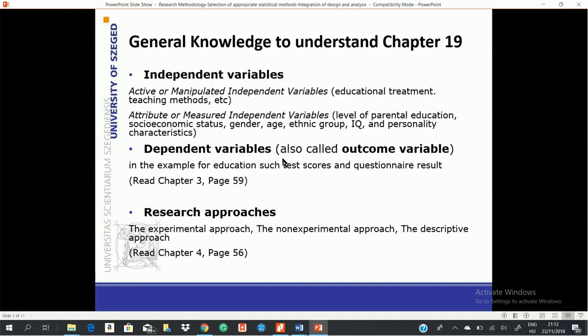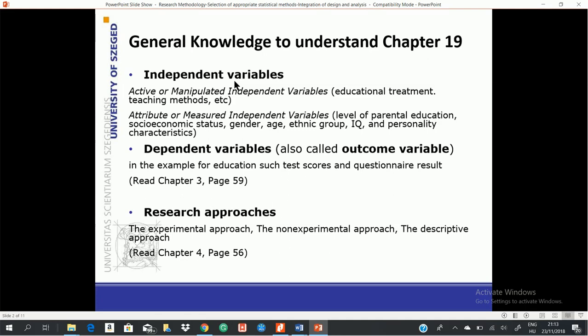Before we start chapter 19, to select appropriate statistics, we have to know some general knowledge to understand this chapter. The first is independent variable.